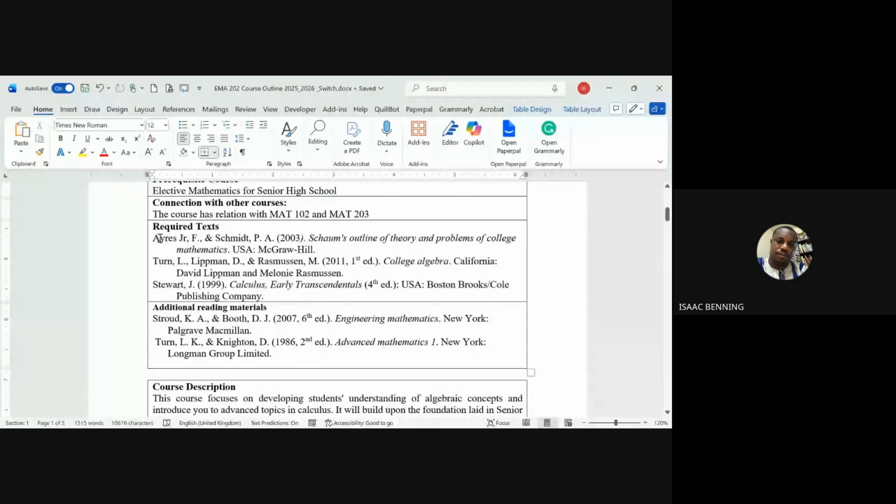In addition to these three required books, these are additional materials we will be using: Engineering Mathematics, authored by Stroud, and also Advanced Mathematics 1, authored by Ten and Co. So these are our reading materials for the course.